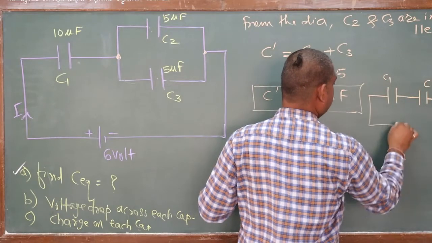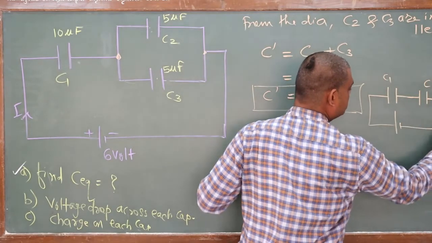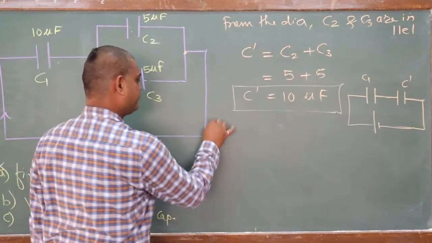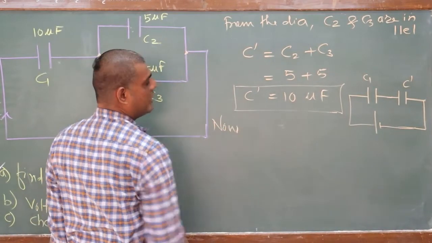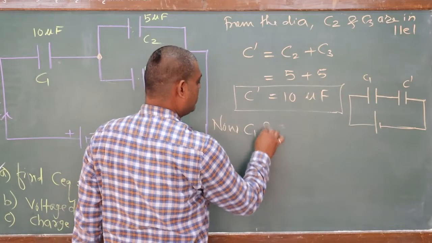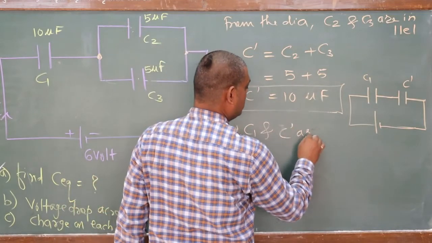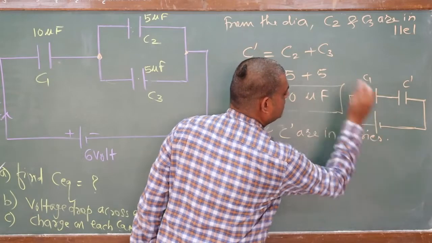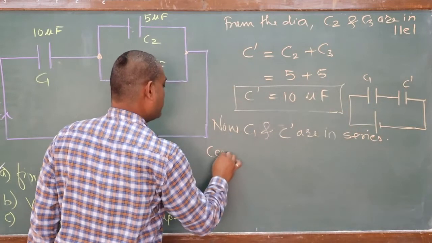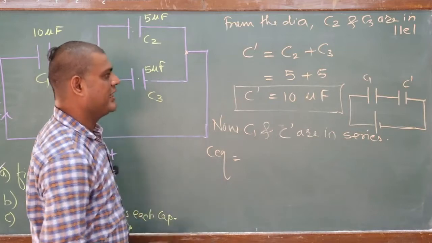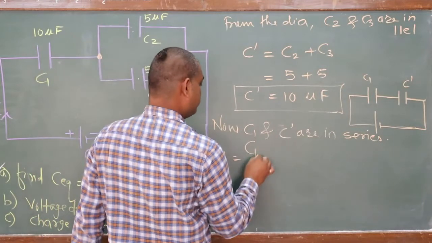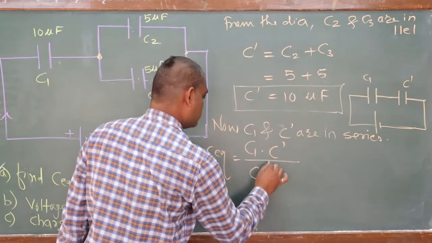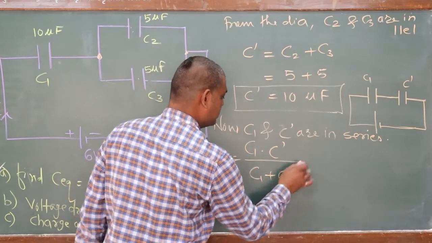Here it is a battery of 6 volt. Now C1 and C dash are in series. So the C equivalent of this will be C1 times C dash divided by C1 plus C dash.